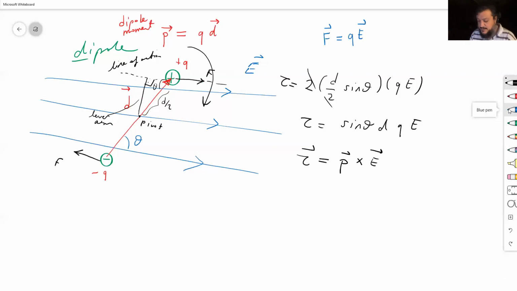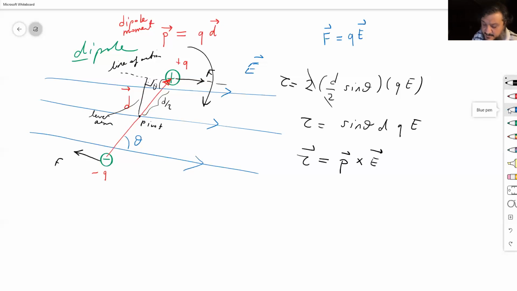That's one way. Or use the three fingers of your right hand and put your thumb in the direction of p, and then your index finger in the direction of E. So I'm doing it right now, you do it as well when you're watching this. p cross E, middle finger points into the screen, into the page, right?